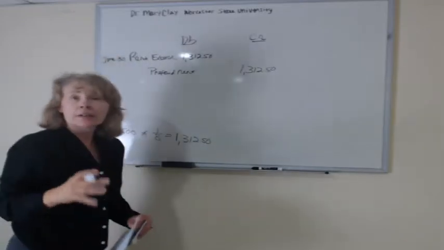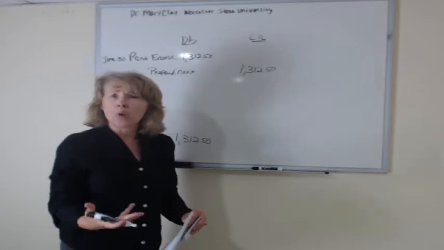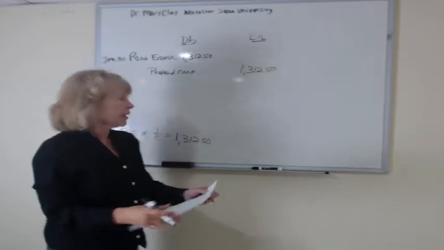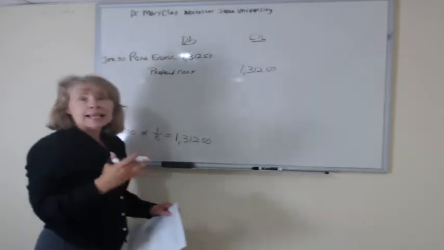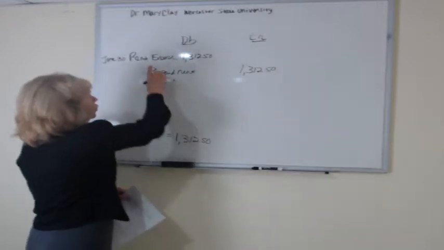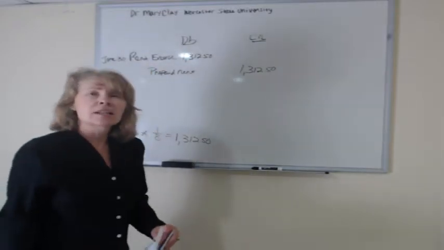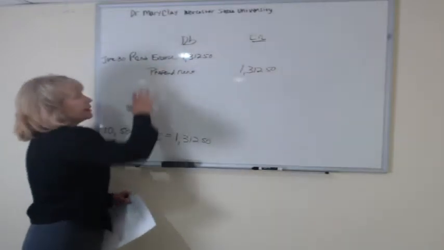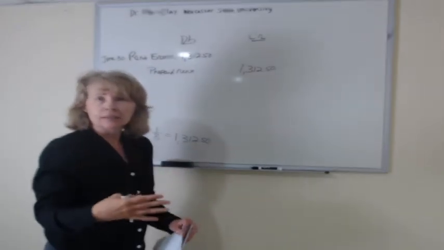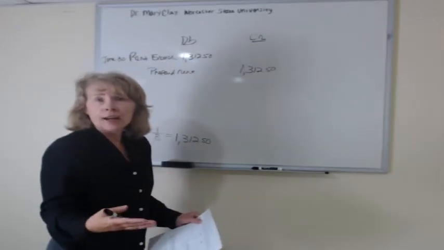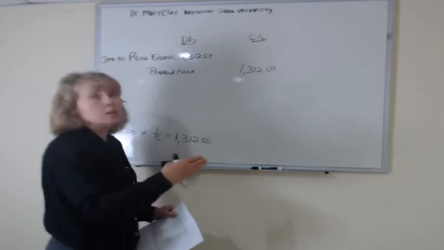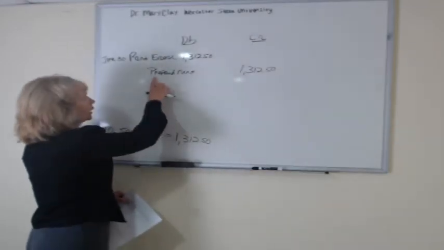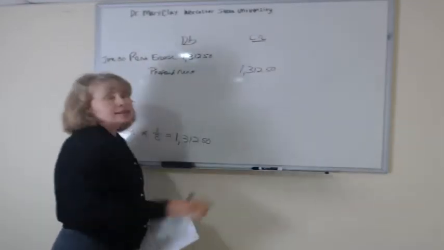Now I'm making it different from the lab just to give you more experience with adjusting entries. So June 30th is the end of the period. You're going to adjust the accounts. Let's see if this makes sense. Rent expense is increasing. Yes, I've lived there, so I'm going to reduce my prepaid rent. I credit prepaid rent.